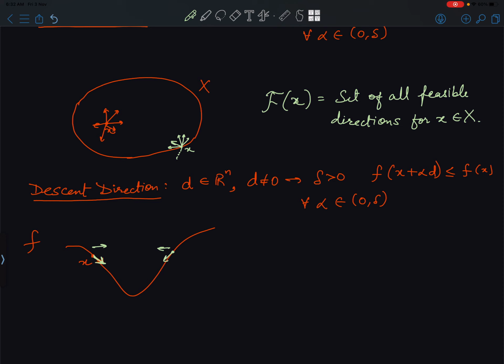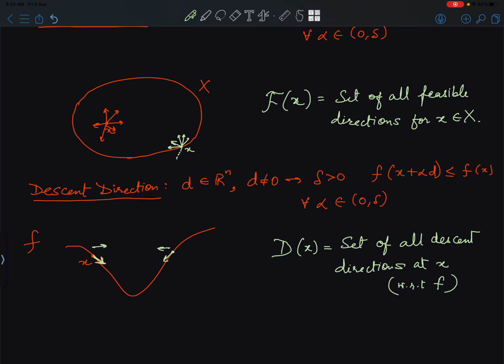So similarly you can define a capital D of x as the set of all descent directions at x with respect to a function f, right?